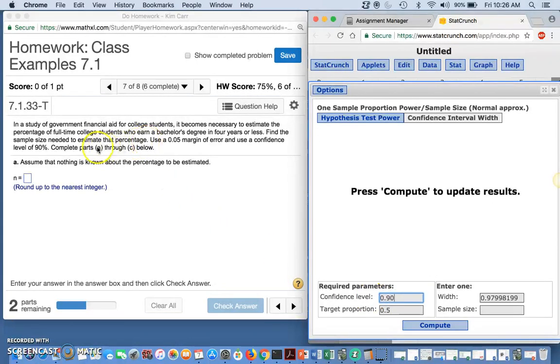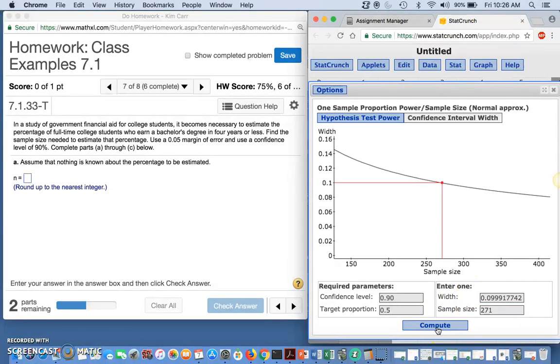Your target proportion, you don't have one, so we will just let that stay at 0.5 and a 0.05 margin of error. But if you double 0.05, what do you get? You get 0.1. So the width should be 0.1. All right, my sample size should be 271.